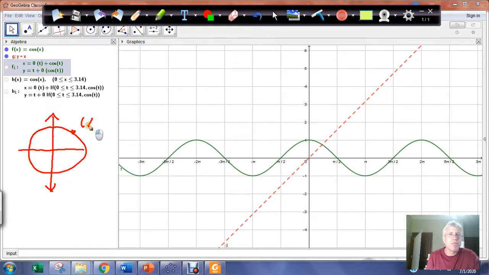So if we have a point x, y on the unit circle, the cosine function plots the x coordinates as a function of the angle theta in standard form as we rotate around the unit circle. So it plots the x coordinate that goes with the angle theta.